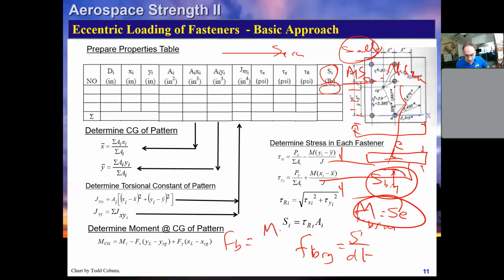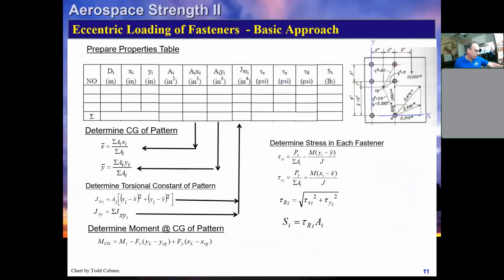F_B equals that moment, which is S times e, times the radius of the bolt, or D over 2, over the I of the bolt, as we saw in our little sub video on bolt bending. So we can actually do all that in this little analysis table. You guys understand all of that?